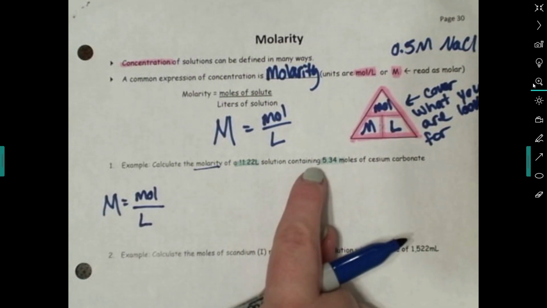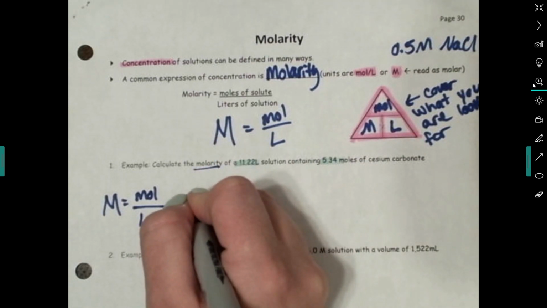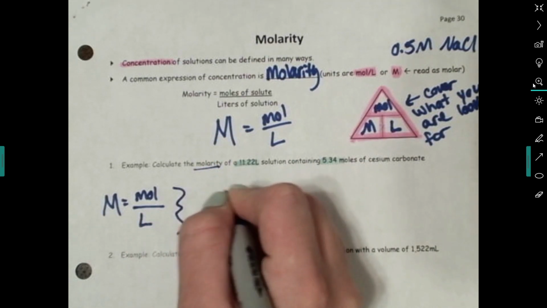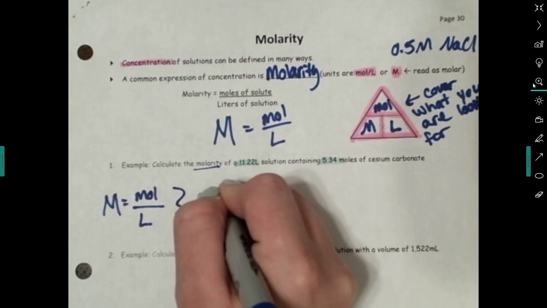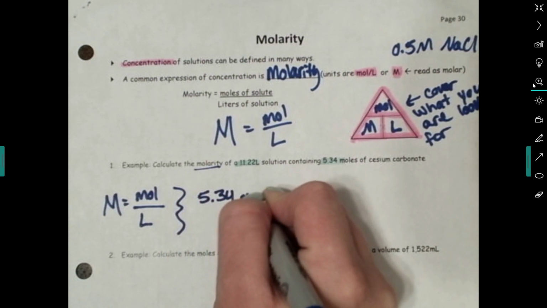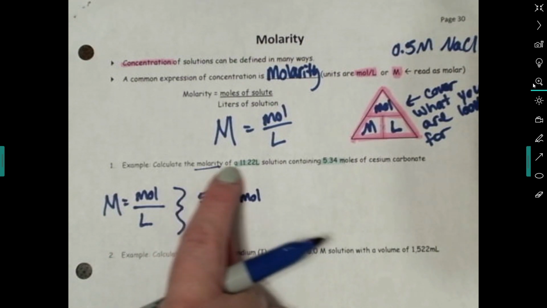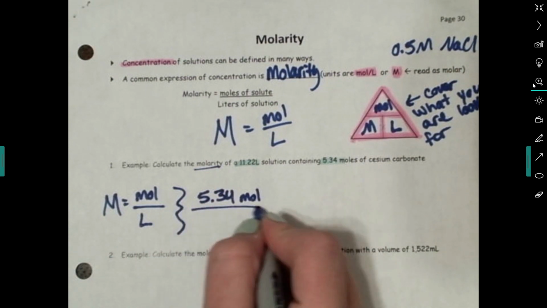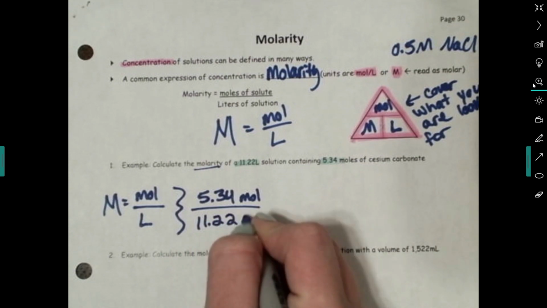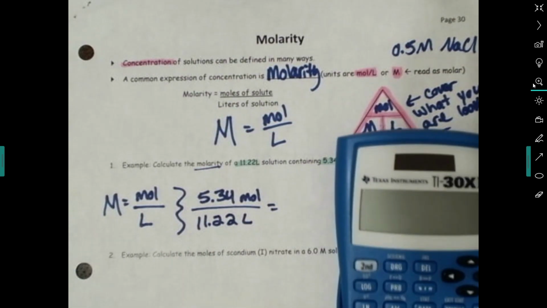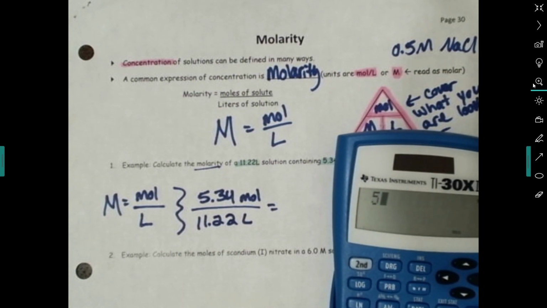Okay, so I'm going to do my moles, 5.34 moles. Remember, MOL stands for mole. And L is liters, and this is in liters, so I can go divided by my 11.22 liters. That's it. So I'm just going to plug that in. 5.34 divided by 11.22, and that's what I get.